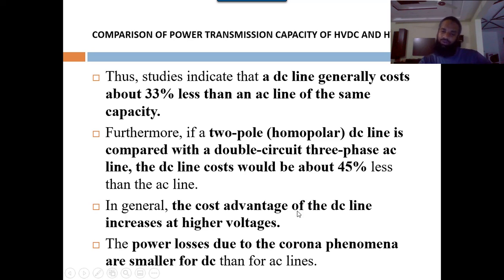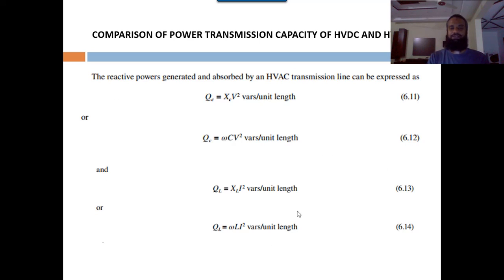So if we need to take advantage of the cost, then the voltage should be higher in the HVDC system, because if the voltage is low, then the HVDC system is not feasible. The power loss due to the corona phenomenon is smallest for the DC system.